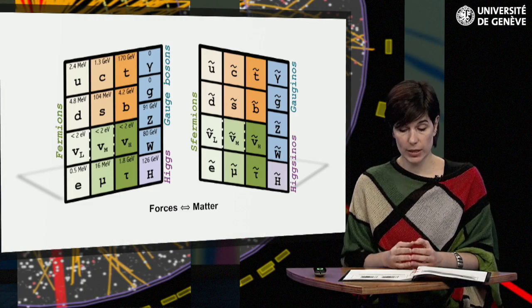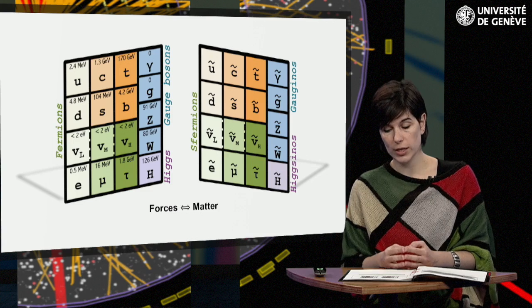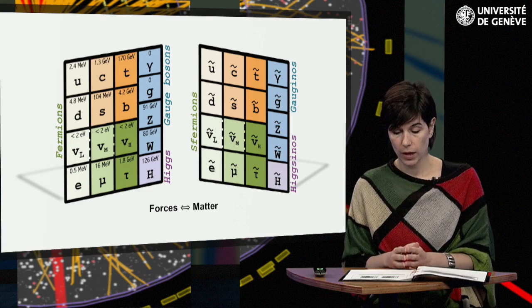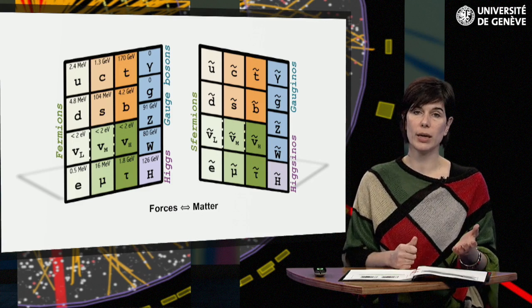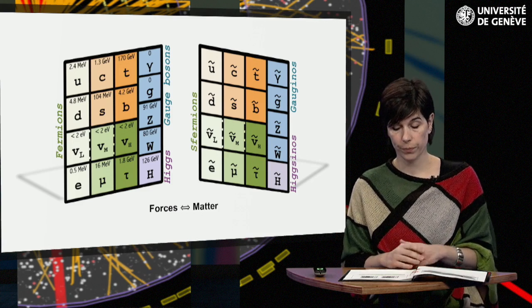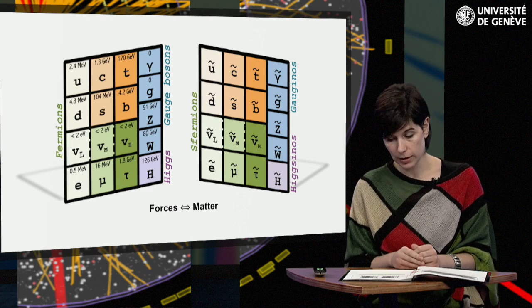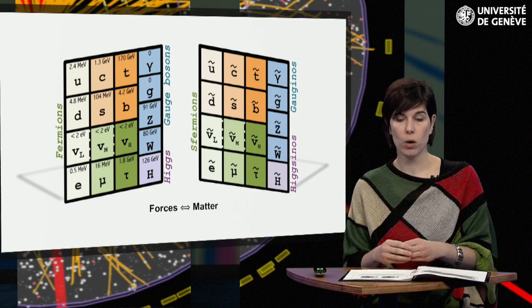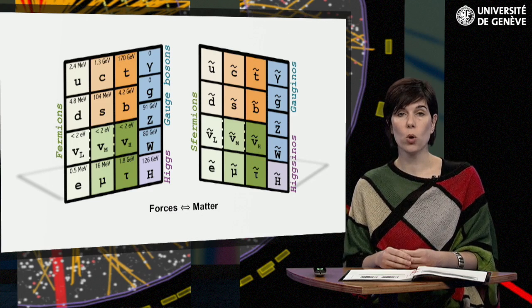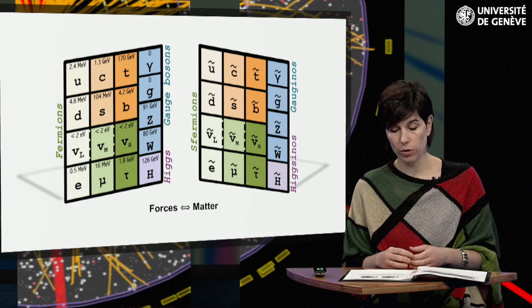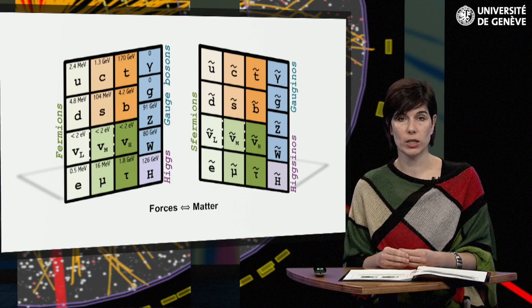It poses a symmetry between the spins of forces and matter, which does not exist in the Standard Model. The Standard Model only has fermionic matter and bosonic forces. This symmetry requires that there be a supersymmetric partner to all particles in our periodic system. They are so-called superpartners. However, we already know that symmetry is a badly broken symmetry.